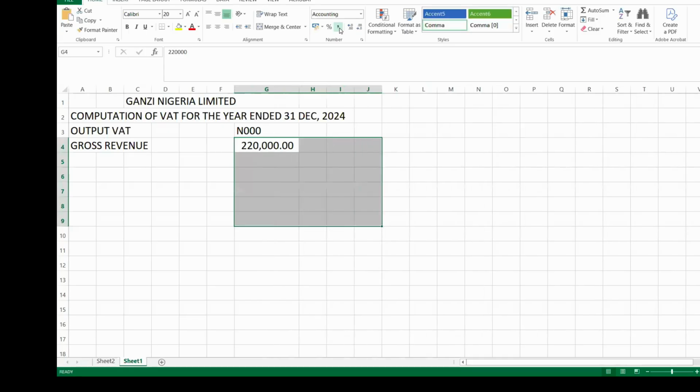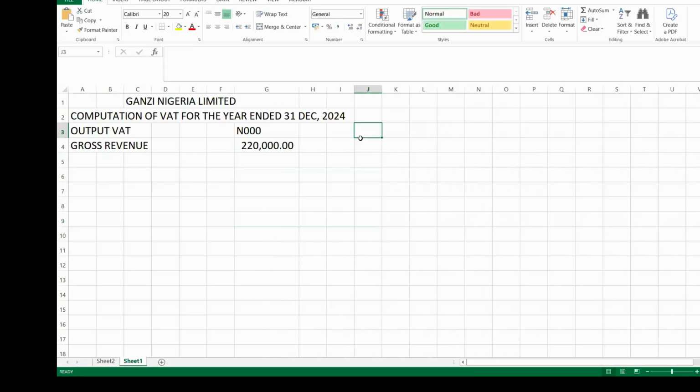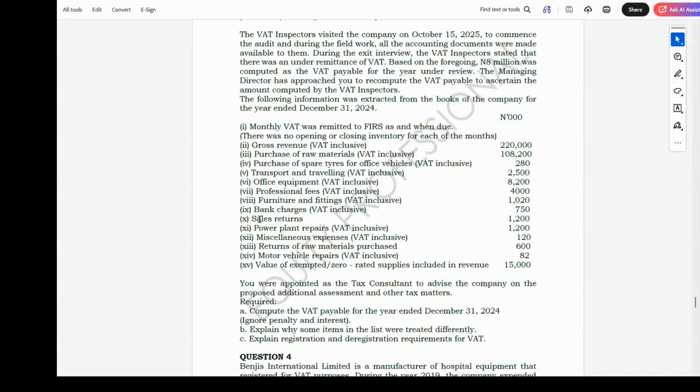From the information, the examiner is also telling us about sales return. You have sold those items during the month, and they now return those items. That means it is not going to form part of the items you are going to pay VAT on.